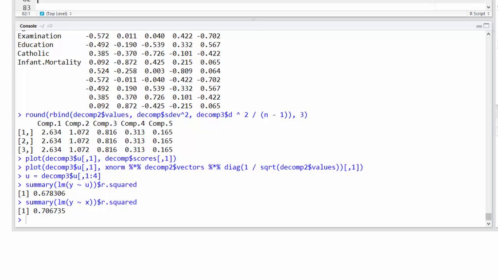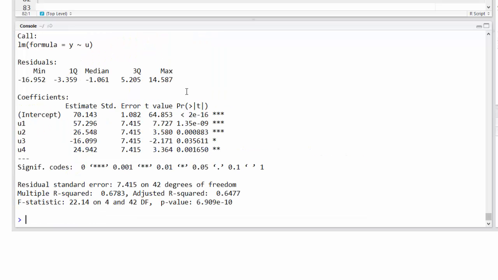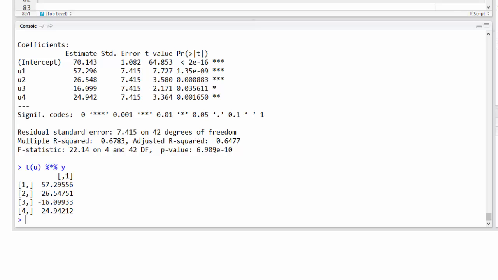And then the last thing I want to show you is, if I were to do summary of lm y tilde u, we see these estimates: 70, 57, 26, negative 16, 24. Because u is orthonormal, I can just do t of u star y, and that should give me the same things: 57, 26, negative 16, 24.